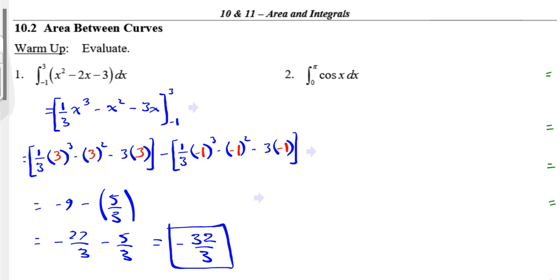Number 2. So what does this number mean? The area between -1 and 3. So we have a negative area, which is kind of weird. What does this graph look like?